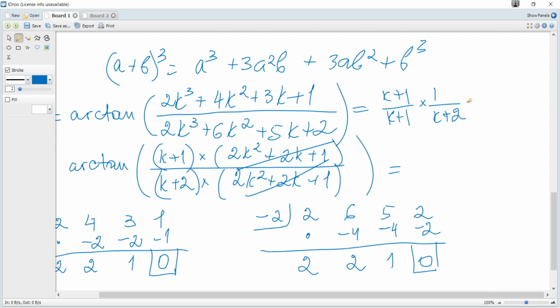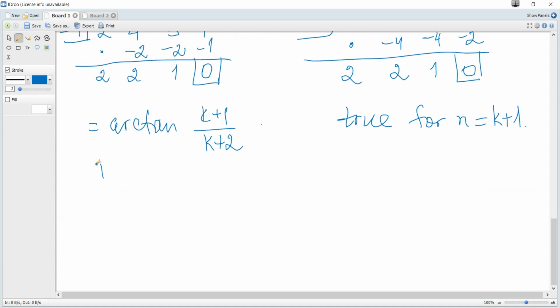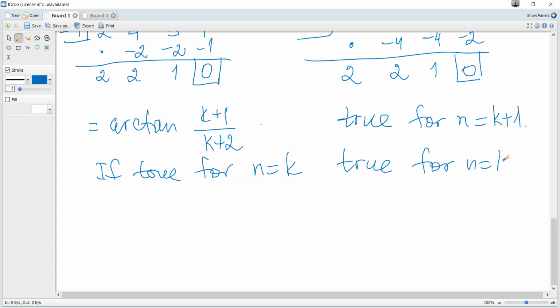And conclusion. If true for n equals k, true for n equals k plus 1.